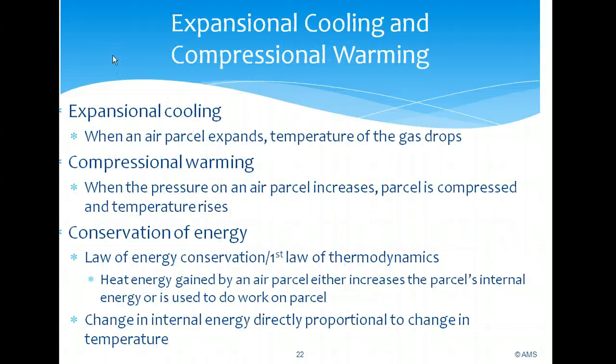As we noted earlier in the chapter, air pressure always decreases with increasing altitude within the atmosphere. One of the more important consequences of the decline of air pressure with altitude is that air parcels will expand or compress as they move up and down.